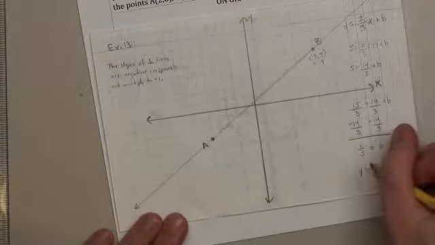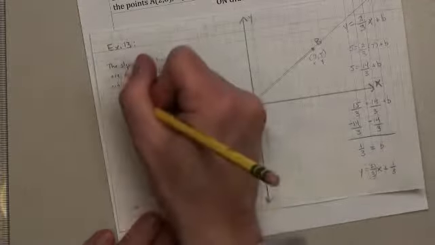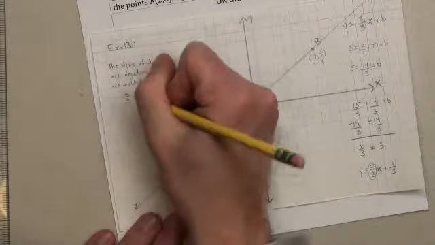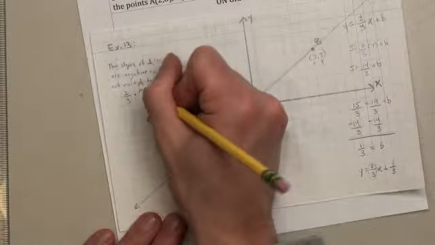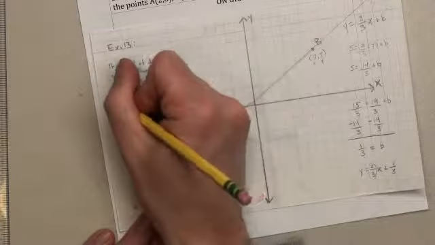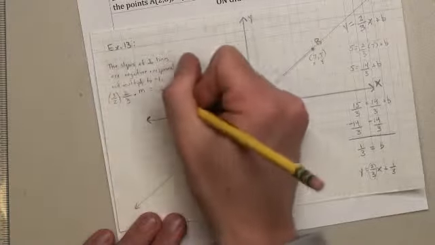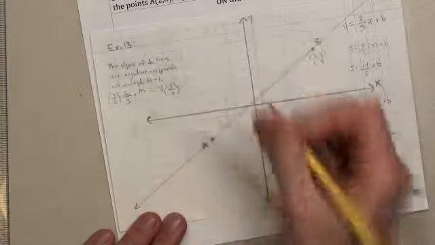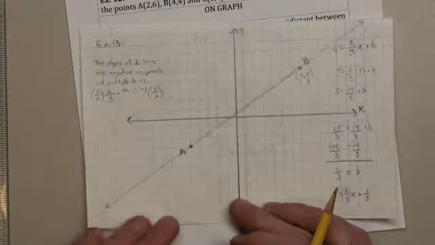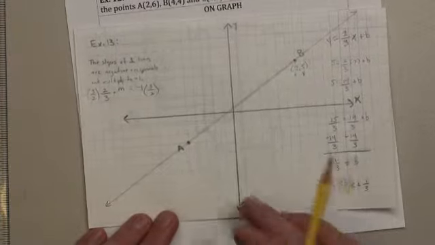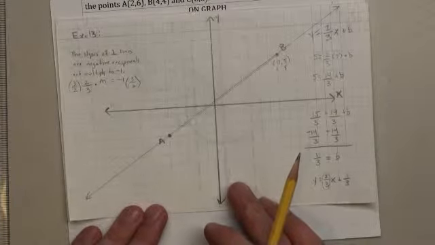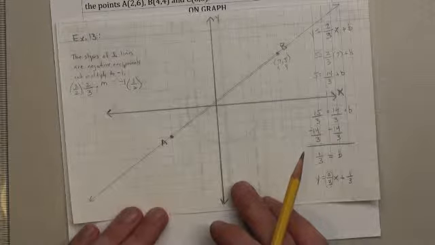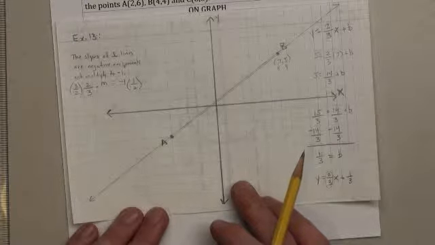So I know that this slope, 2/3, times the slope that I'm looking for equals -1. So let's multiply both sides by 3/2. By the way, guys, if you are having trouble with this algebra stuff, you really need to come to extra help, because this is something we don't have time to go over. This is something you're supposed to learn in elementary school and in middle school and in algebra.